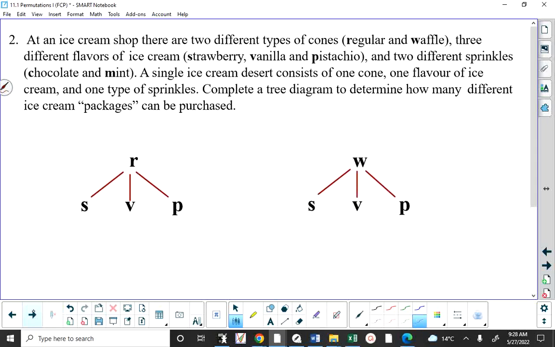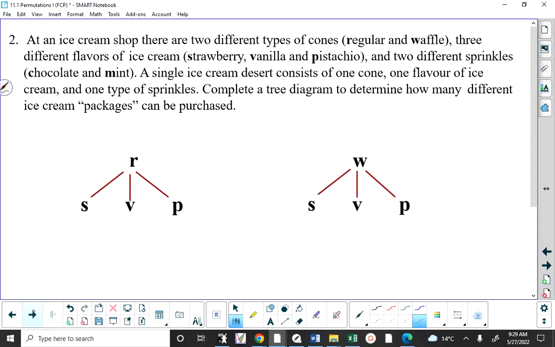So far, there are 6 options up here. If I count how many items are in the lowest level of my tree diagram, that's how many options there are. Regular with strawberry, regular with vanilla, regular with pistachio, that's 3. Waffle with strawberry, waffle with vanilla, waffle with pistachio, I'm at 6.